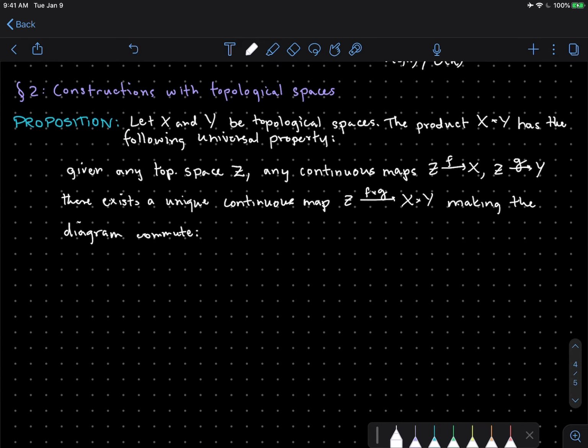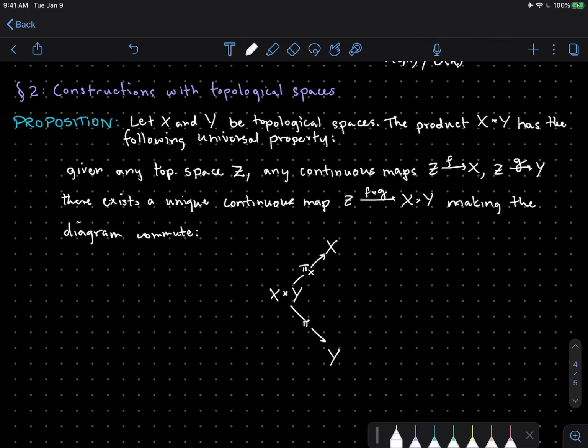And what is the diagram? Well, the product of X and Y projects onto both X and Y. And this map we usually call pi sub X, pi for projection.